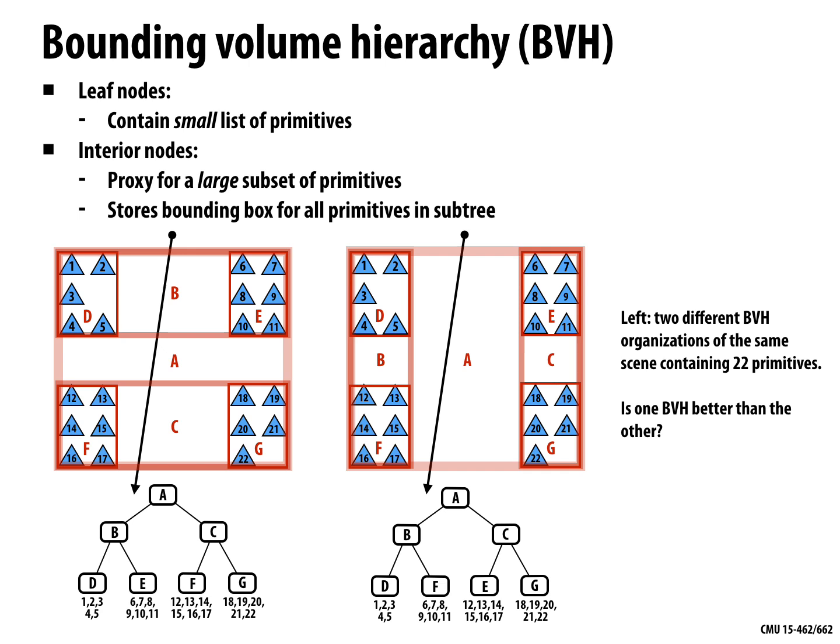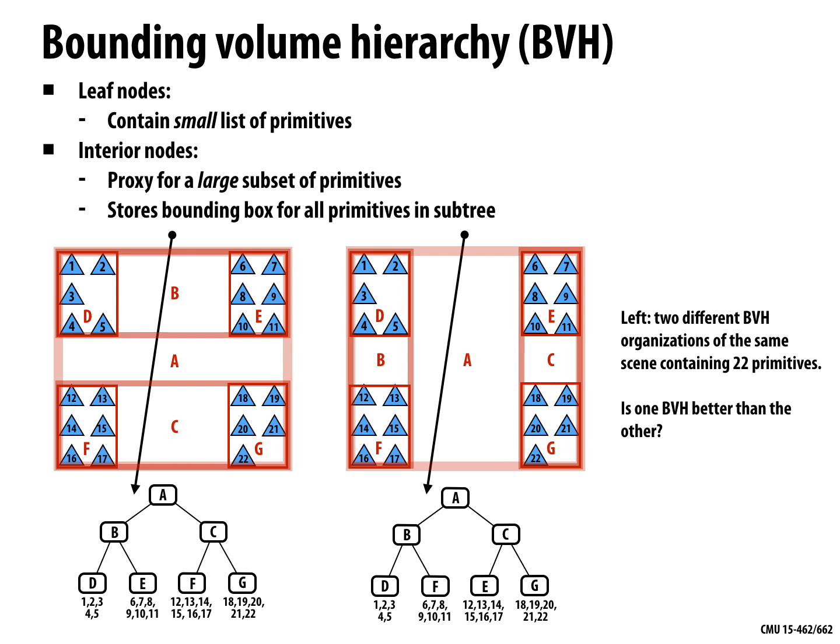Okay? So what does this look like? A bounding volume hierarchy means we have a collection of boxes arranged in a tree-like structure, and there are two types of nodes. There are leaf nodes at the bottom of the tree. Those nodes actually contain primitives, maybe a small list of triangles. All other nodes in the tree are interior nodes.